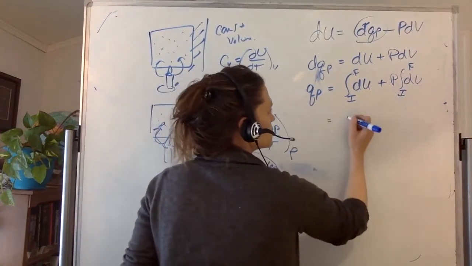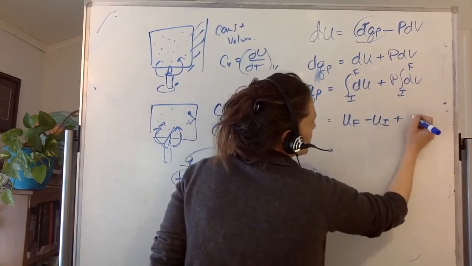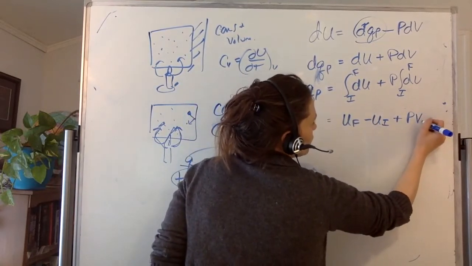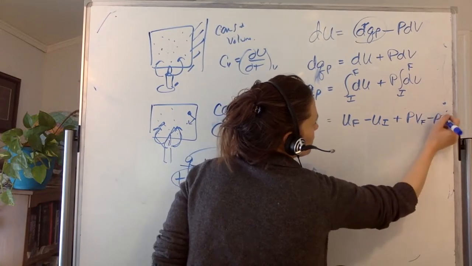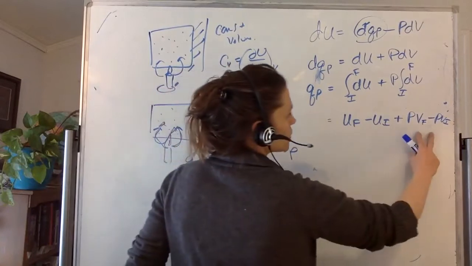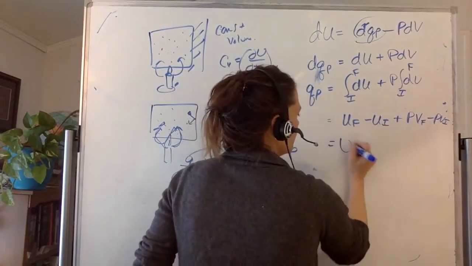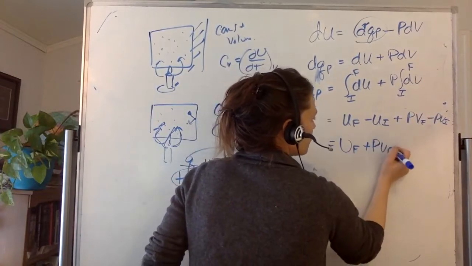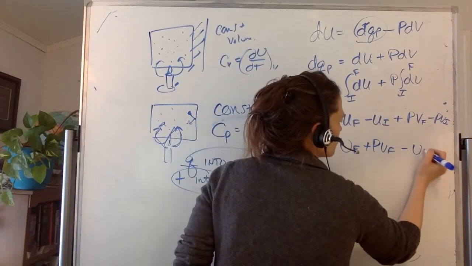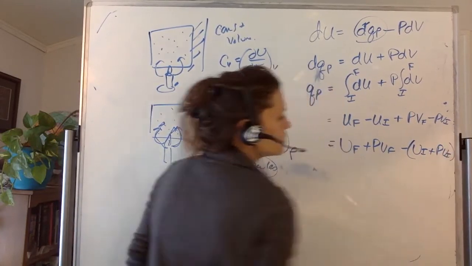Okay, so this equals U final minus U initial plus p V final minus p V initial. Cool. So now I'm going to put my initials together and put my finals together: U final plus PV final minus U initial plus PV initial.